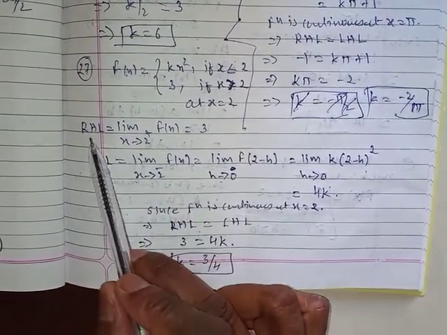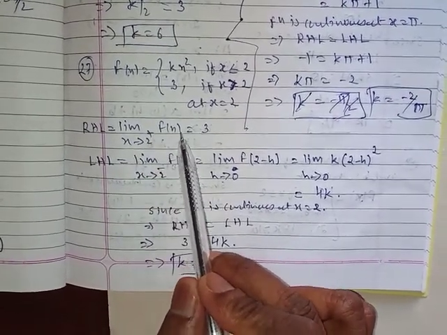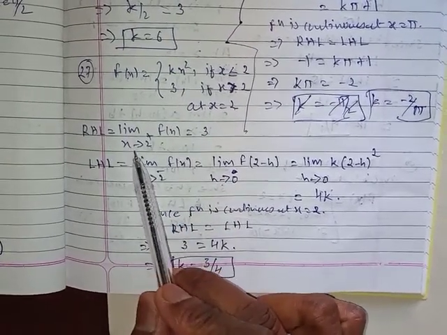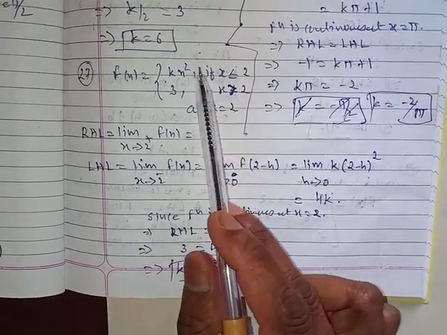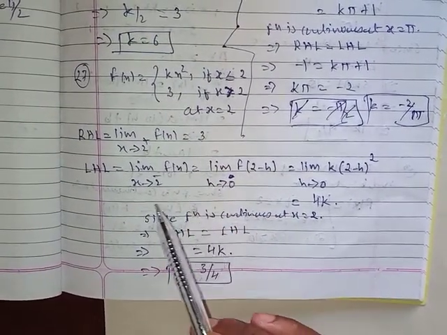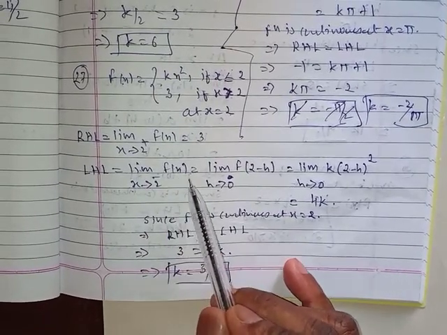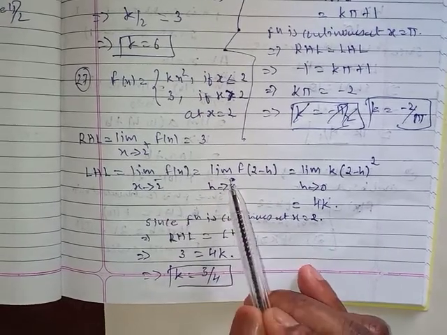So what is the RHS? Limit x tends to 2 plus f of x is 3. This is directly given. So limit x tends to 2 plus f of x is equal to 3, and the left side is a function of k. Limit x tends to 2 minus f of x is equal to limit h tends to 0 of f of 2 minus h.